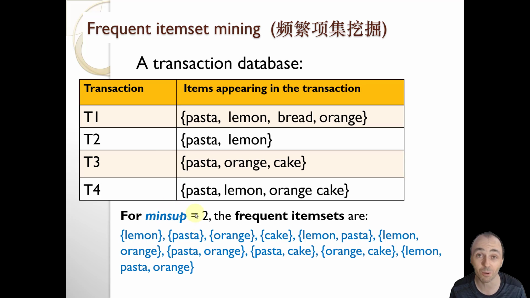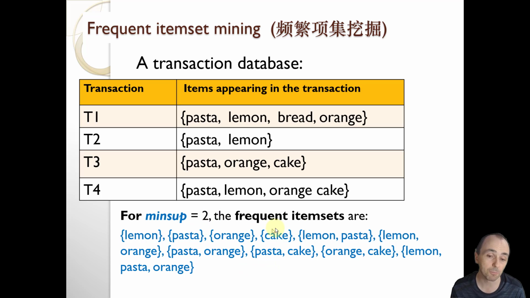It means the minimum frequency. If we set it to 2, for example, it means we want to find the frequent item sets, all the sets of items that appear in at least 2 transactions of our database.